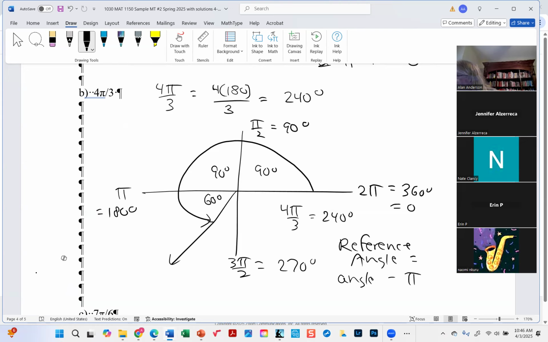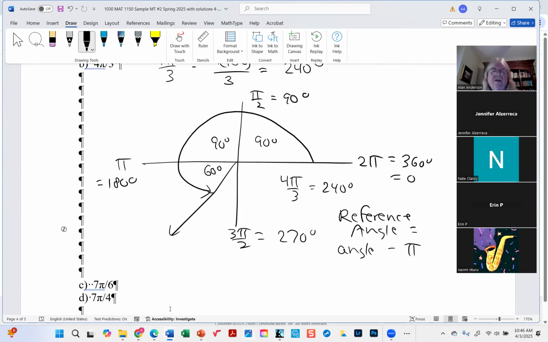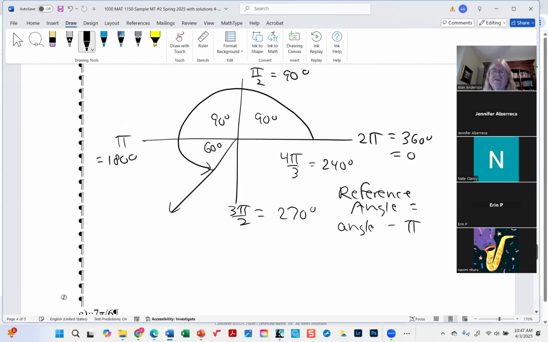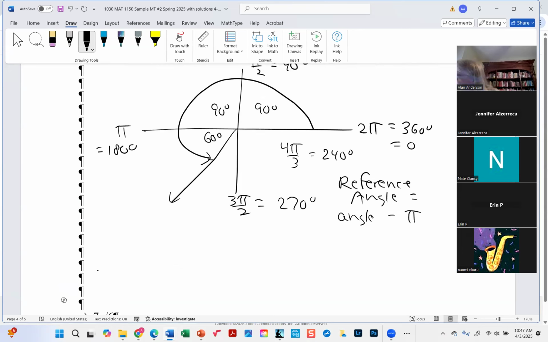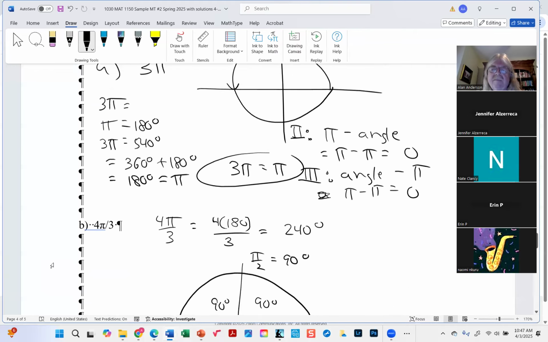If you're going to use radians, well, actually, no, it's fine the way it is because all you have to do now is this. Pi over 3. And of course, if you remember, pi over 3 is the same thing as 60 degrees. So you can write the answer as pi over 3. Okay.